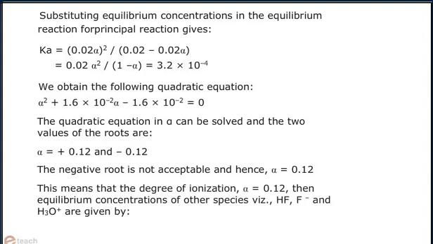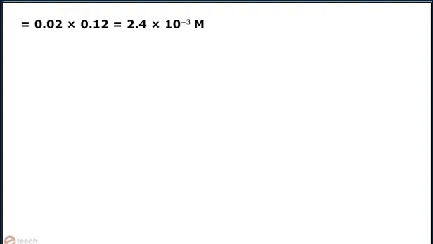Then equilibrium concentrations of other species, that is HF, F- and H3O+ are given by concentration of H3O+ equal to concentration of F-, which is equal to C alpha. On substituting the value of alpha, we get 2.4 times 10 to the power minus 3 molar, and concentration of HF equals C times 1 minus alpha.